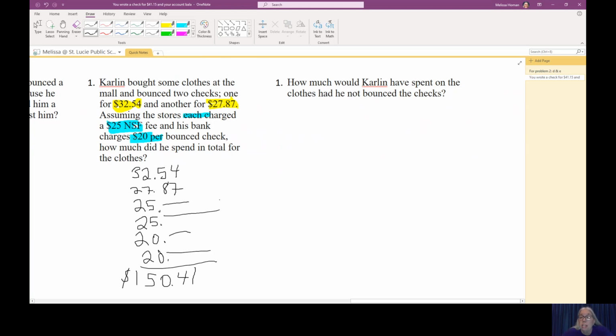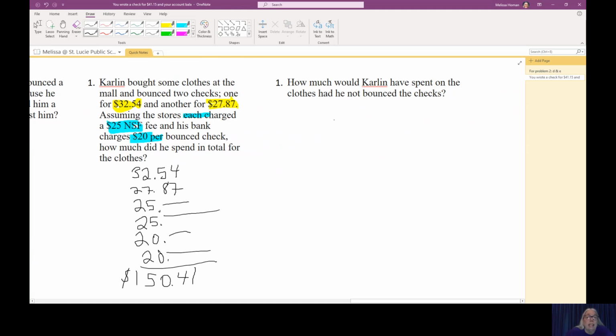Now let's compare that, because the next question asks, how much would Carlin have spent on the clothes had he not bounced the check? Hopefully you can see that's just the 2 yellow. So if you want to do the setup now, by all means, do the setup and pause the video. There we go.